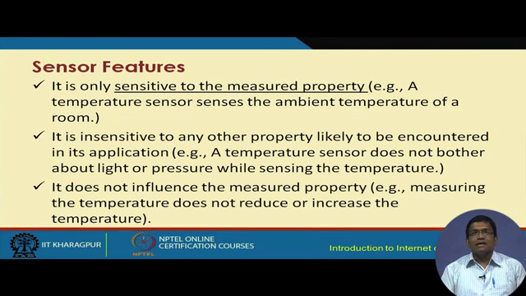Now, the sensors have different features. They are sensitive to the physical property that is being measured, and only to that property. So, a temperature sensor can sense only the ambient temperature of the room, and it is insensitive to other changes, maybe changes in the atmospheric pressure or in the lighting condition of that room.